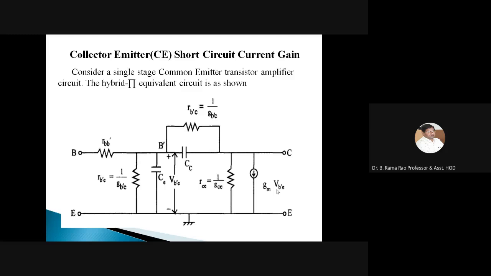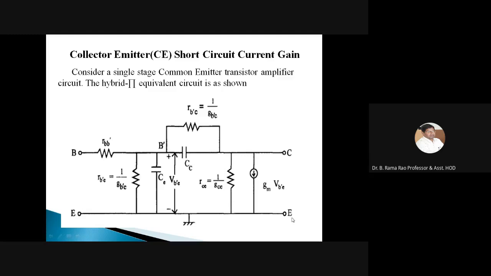The resistance RB'C is open circuited since the value of RB'C is very much greater than RB'E.